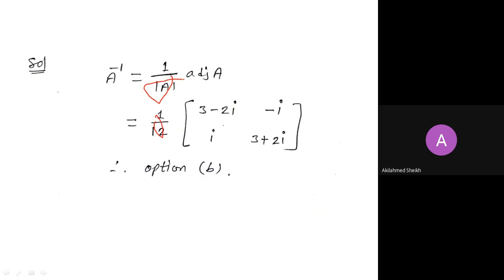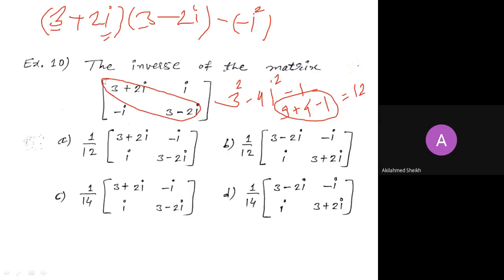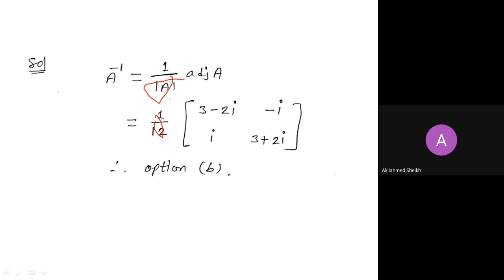So the adjoint of A is simply interchanging the principal diagonal elements and multiplying the remaining elements by minus 1. That is, if A equals the matrix a, b, c, d. I am talking only about a 2 by 2 matrix.